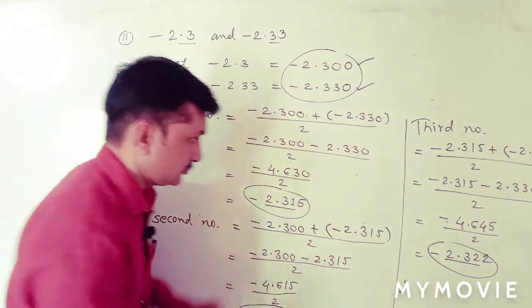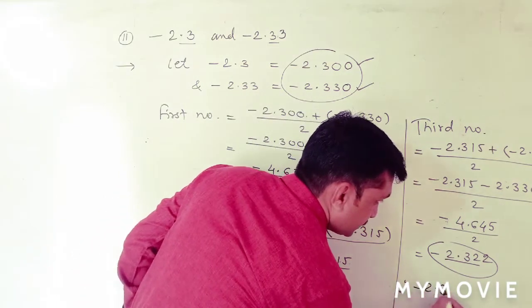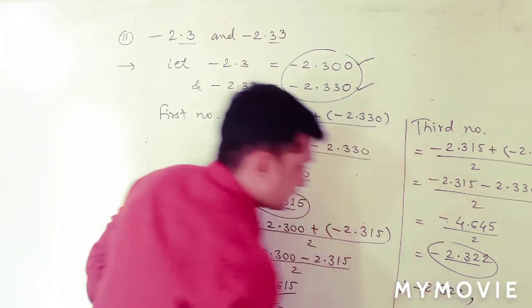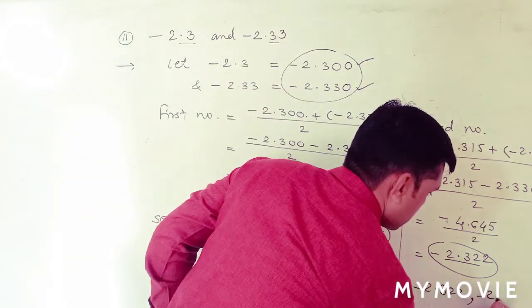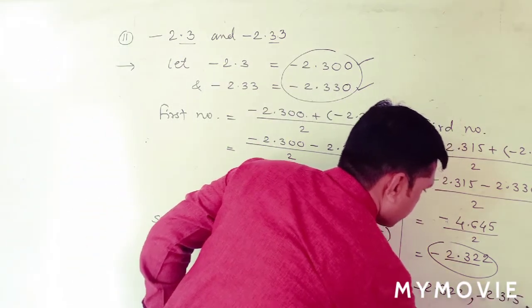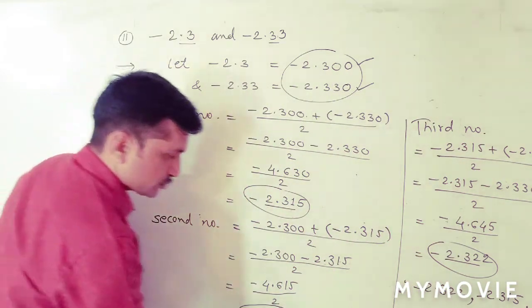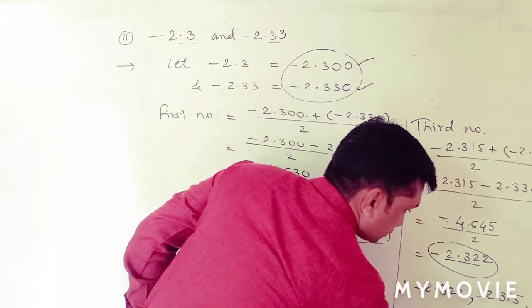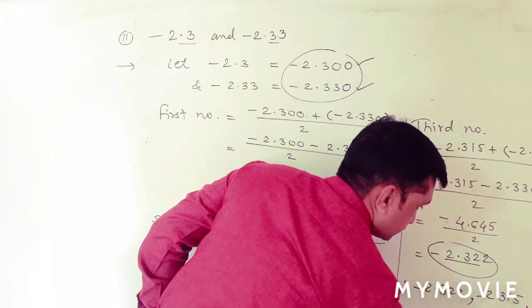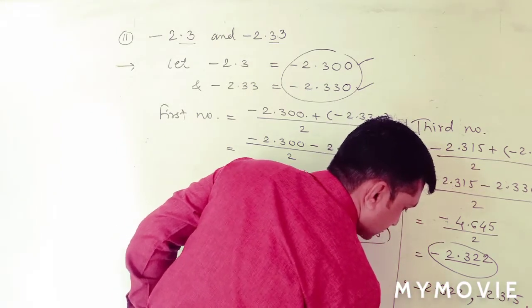Minus 2.322, after that minus 2.315, and then minus 2.307 are 3 rational numbers.